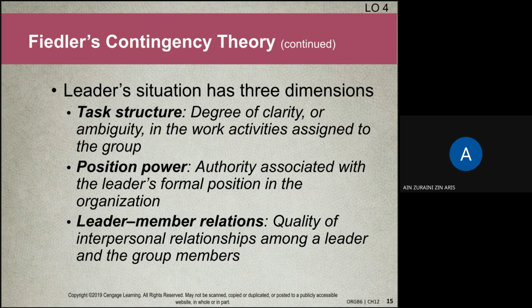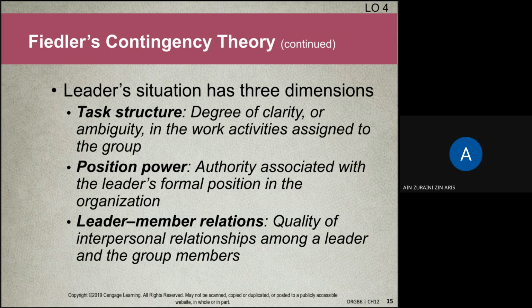Okay, so for example, a department manager with the authority to approve bonuses. So this is strong position power. Another example of weak position power is a project coordinator without hiring or budget control.